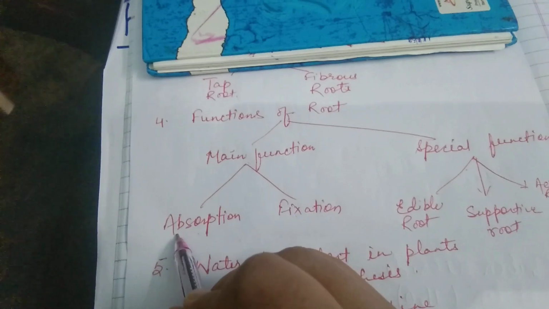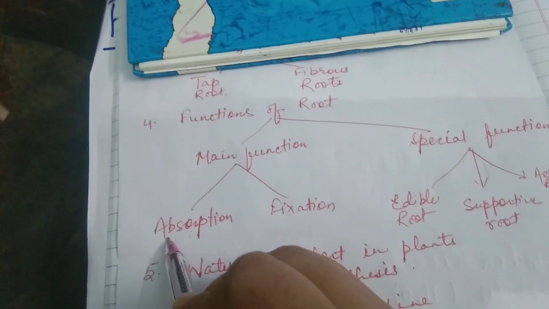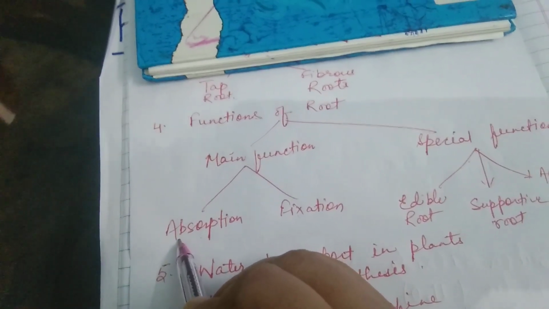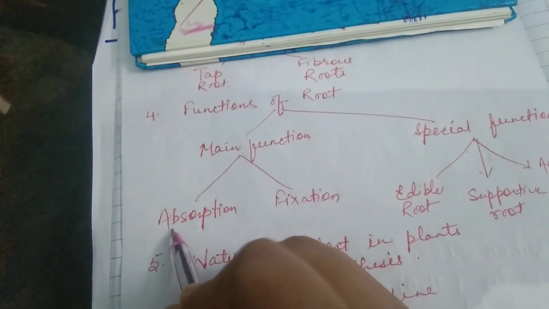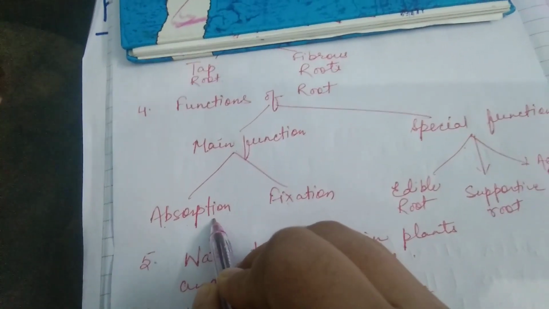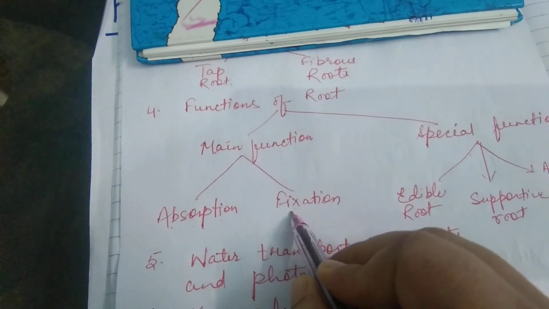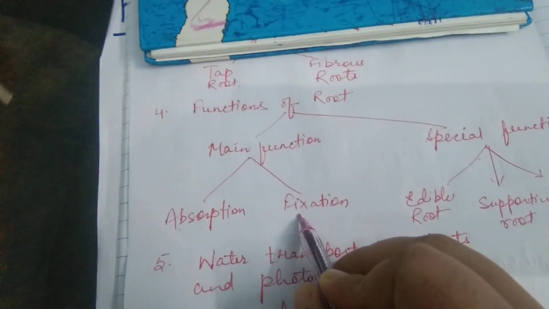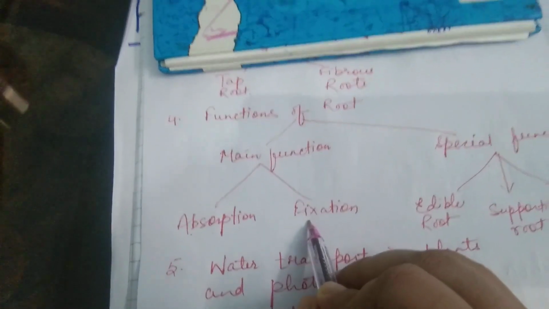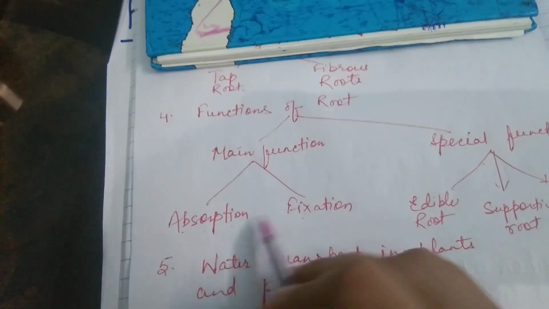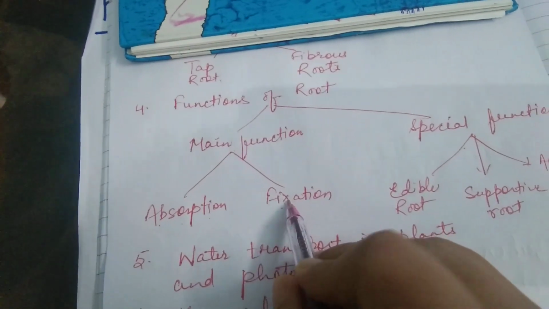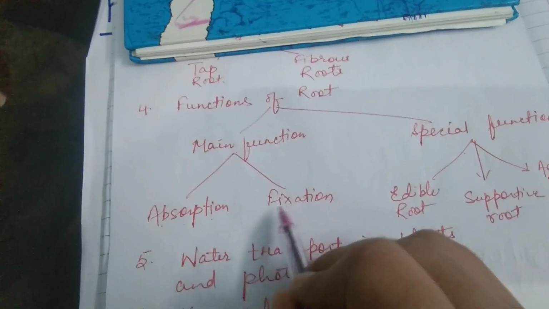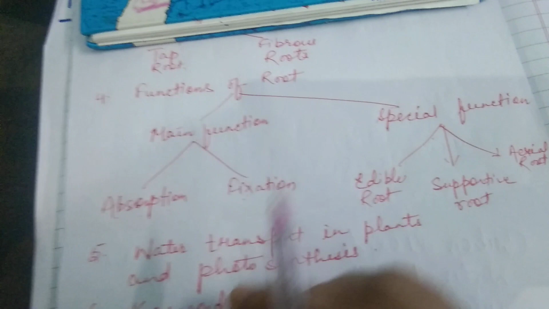Absorption means absorption of water and minerals from the soil and its transport to all the other parts of the plant. And fixation is to fix the plant inside the soil and keep it erect. These are the two main functions of the roots.